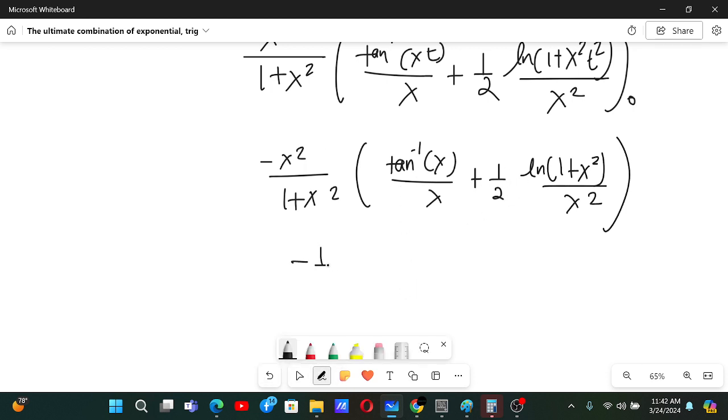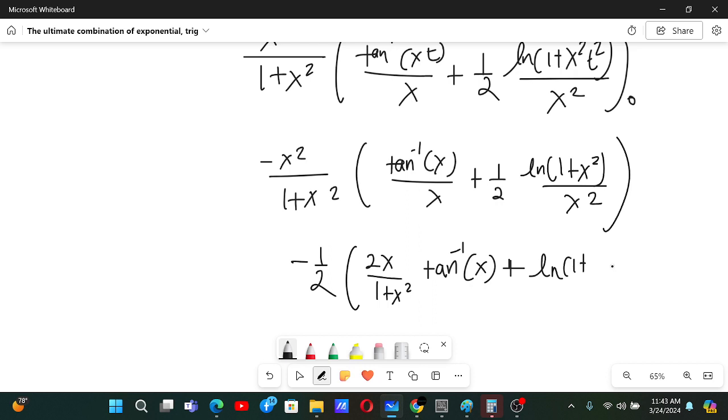We get minus 1 by 2, and then this is 2x by 1 plus x square tan inverse x, plus, and then this is multiplied by x square, so ln of 1 plus x square by 1 plus x square. Yeah, this is the thing.